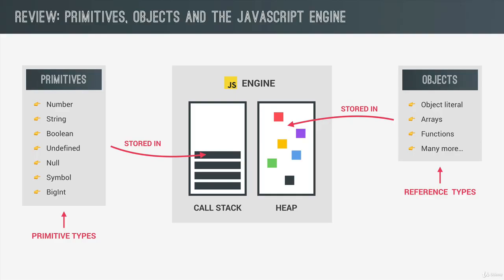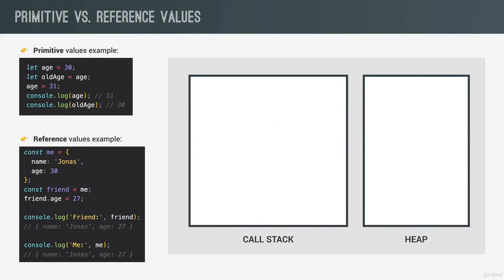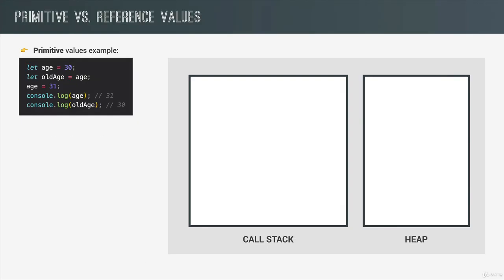Well, let's find out. So here we have the two code examples from earlier, as well as the engine with call stack and heap. Let's start by looking at the primitive values example. When we declare a variable like age equals 30, what actually happens inside the JavaScript engine and the computer's memory? Well, first, JavaScript will create a so-called unique identifier with the variable name.